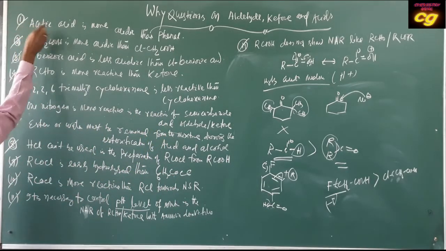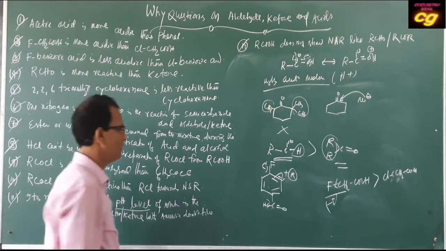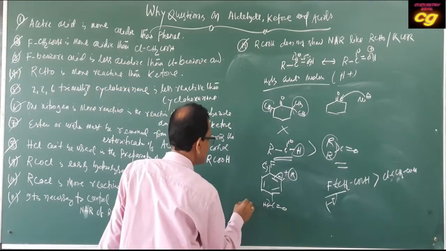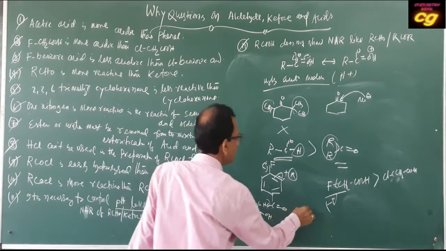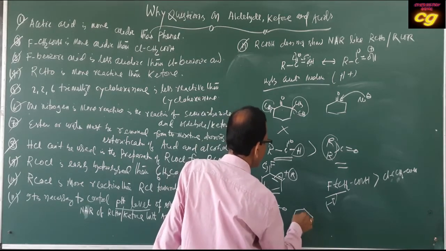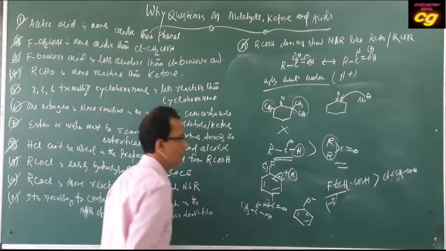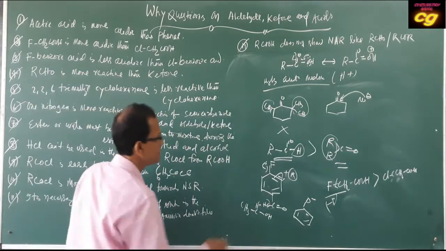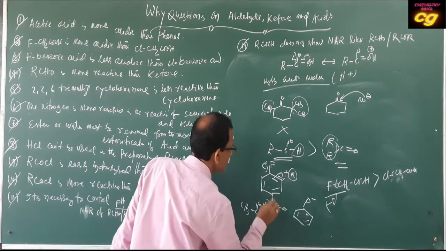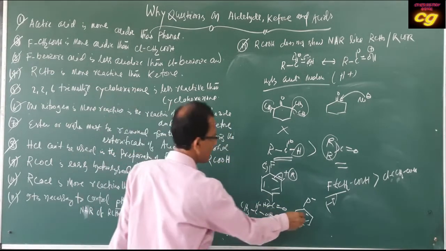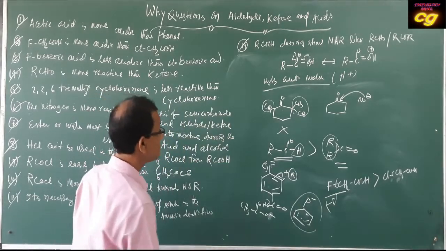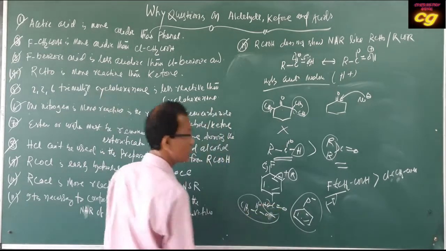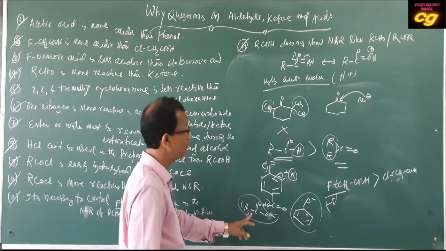Then, acetic acid is more acidic than phenol. If you draw the structures of acetic acid and phenol and compare the conjugate bases, the acetate ion is this conjugate base and this is the phenolate ion. Although the phenolate ion has a greater number of resonance structures, and acetate has fewer, acetate is more stable than this one.